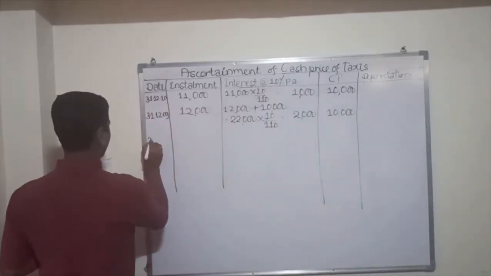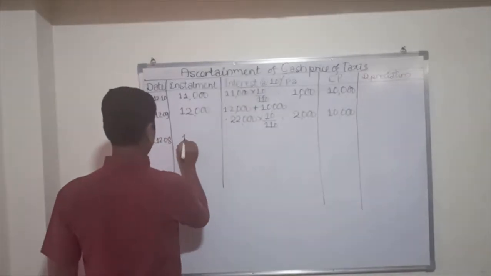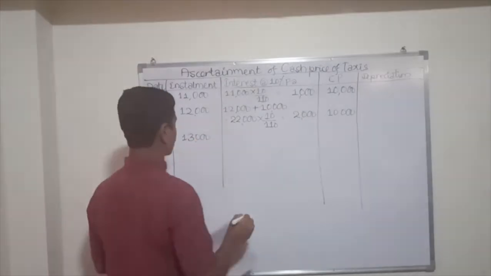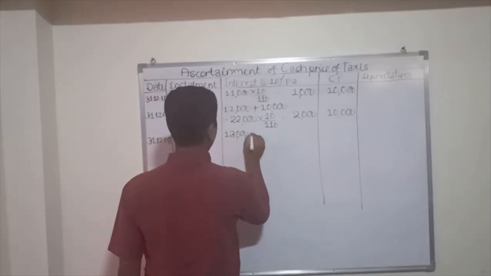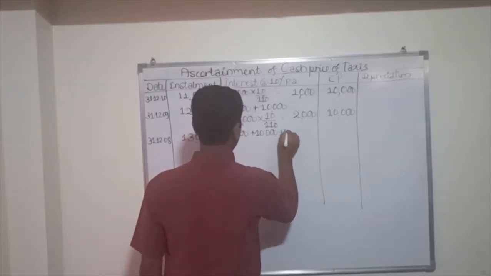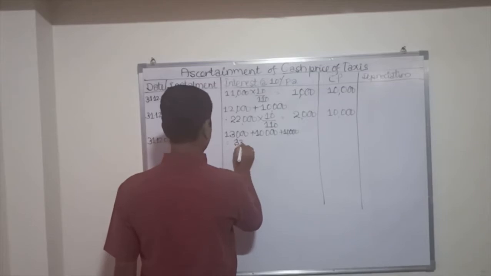Then the first installment is due on 31/12/2008. The installment is given as rupees 13,000. So this 13,000 plus 10,000 plus 10,000 comes to 33,000.